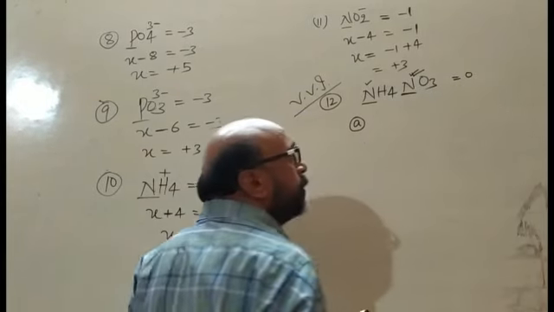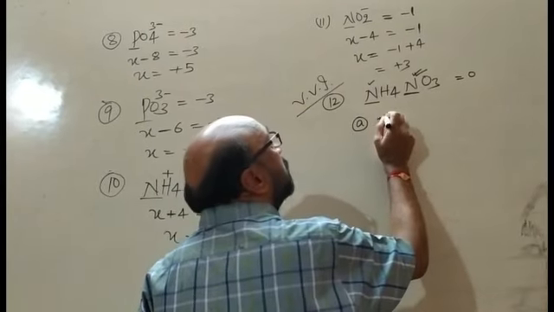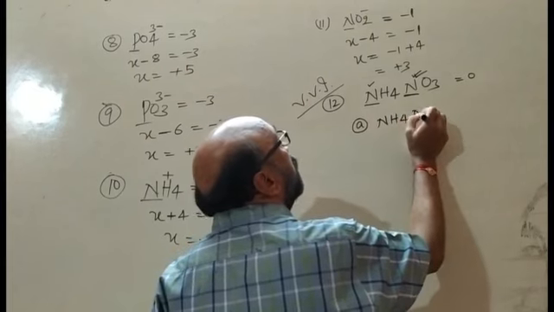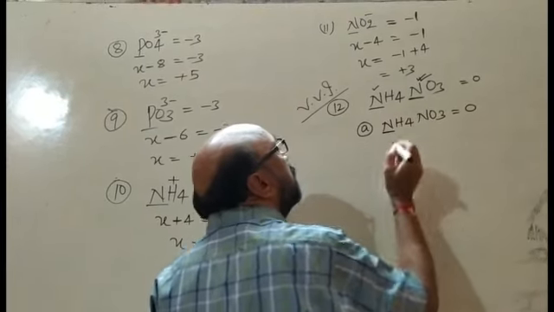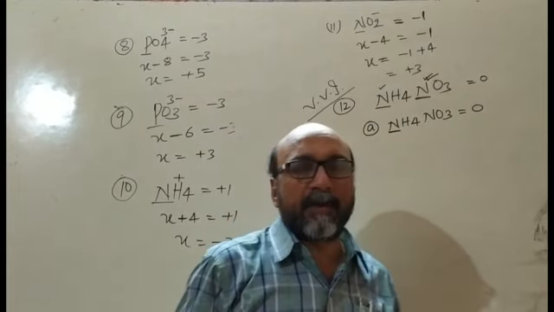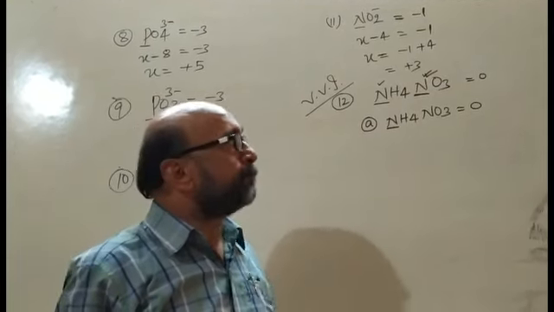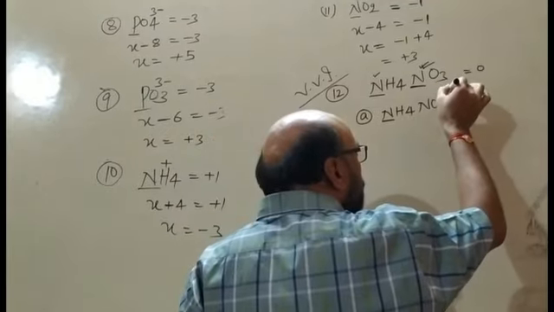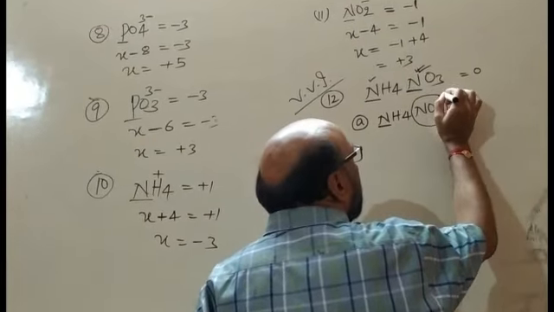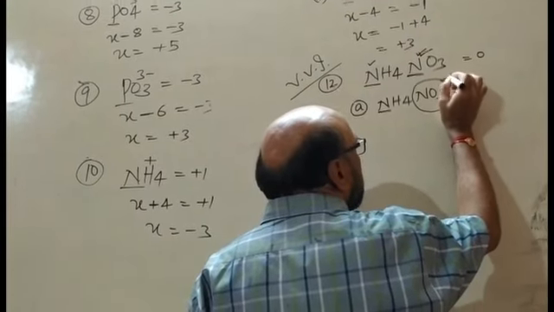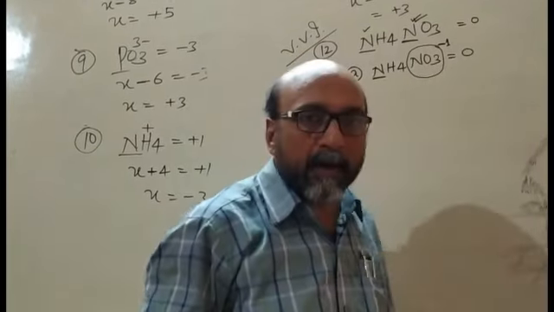The sum is equal to 0 because it is a compound: NH4NO3 is equal to 0. Here we shall calculate the oxidation state of this nitrogen atom, and we shall use NO3 as a whole, an ion whose charge is -1.